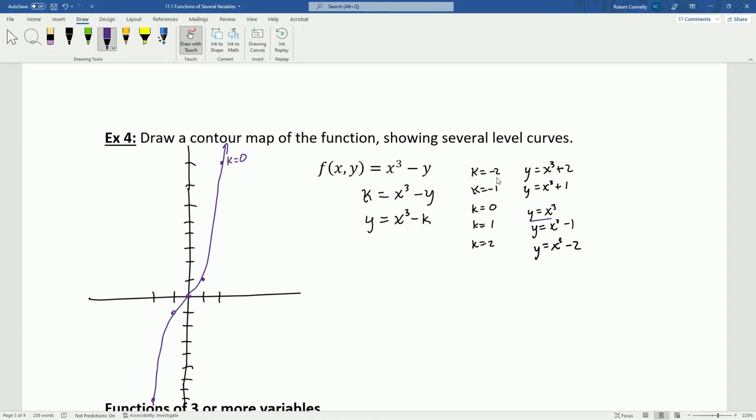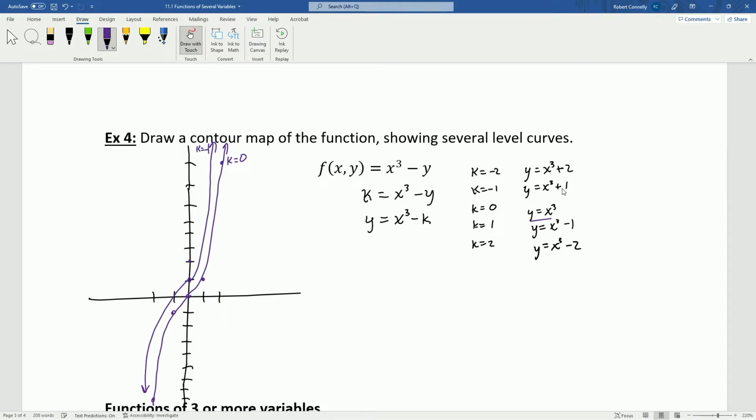Now all of these are just shifts of this graph. Here this is a shift up 1, and it corresponds to k equals -1. So we shift up 1, and the graph looks like this. Shift up 2. All right, sorry, that should be k equals -1. I just said that, and then I wrote the wrong thing.